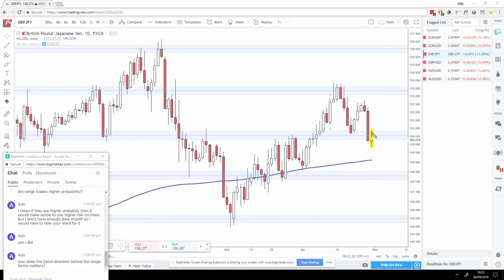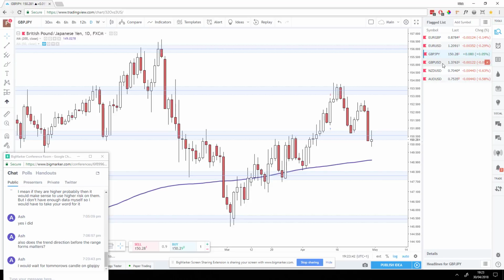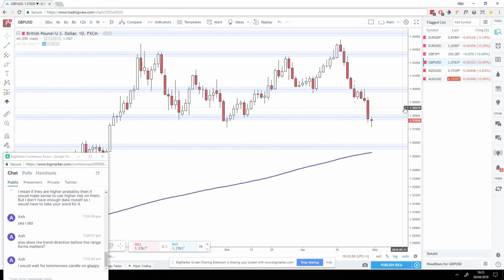That usually makes entries and stop losses tricky, because it's always good to have a stop loss below the lowest point that's been hit recently. So the size of this candle, if you want to have a safe stop, would force your stop to be a little bit low. Oh yeah, actually, we always wait for tomorrow's candle.